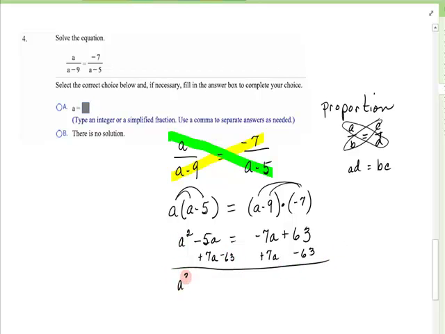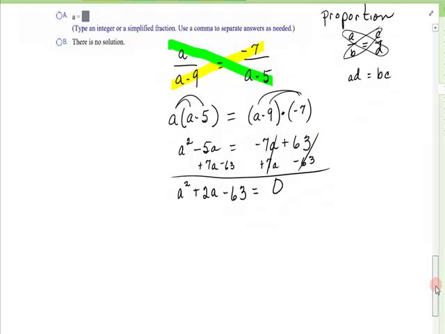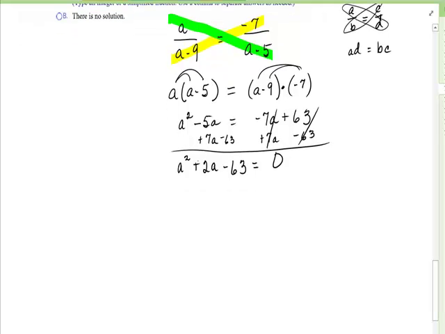That gives me a squared plus 2a minus 63 is equal to, those have both canceled out, and I have 0. I have a quadratic equation equal to 0, so I will try my factoring. 1 plus, 1 minus, factors of 63 that have a difference of 2.